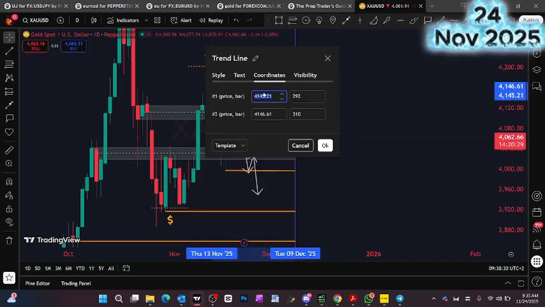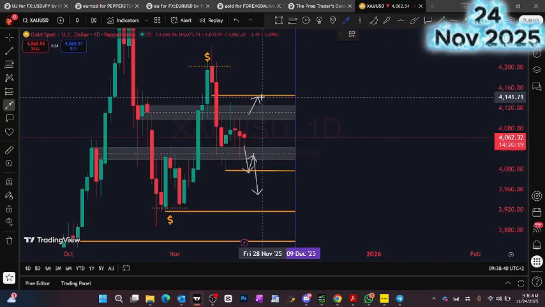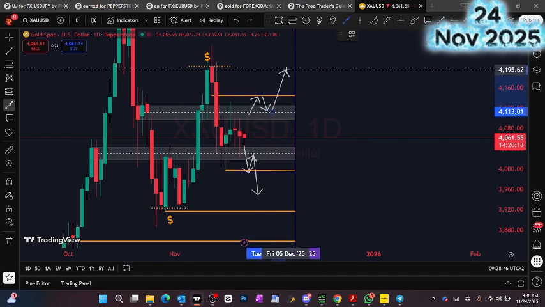I don't know. The terms support and resistance, they always get me. So they do bounce, retest, and then go up.